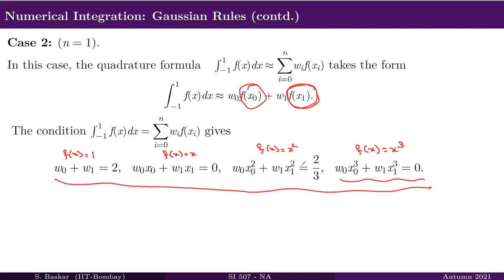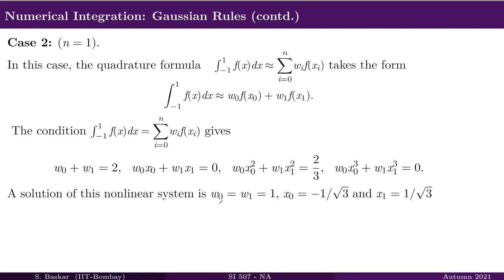This is not as easy as in the previous case. Well, we get a better quadrature rule by going through the Gaussian idea. However, to obtain the quadrature rule, you have to undergo this difficult step of solving the nonlinear system. In the case of n equal to 1, again, with little effort, you can find it.